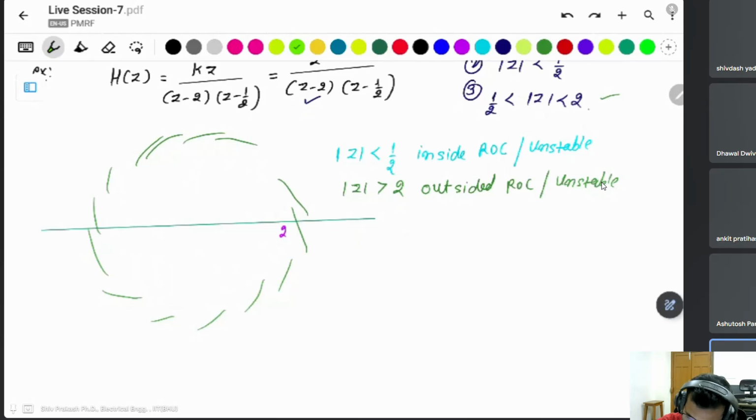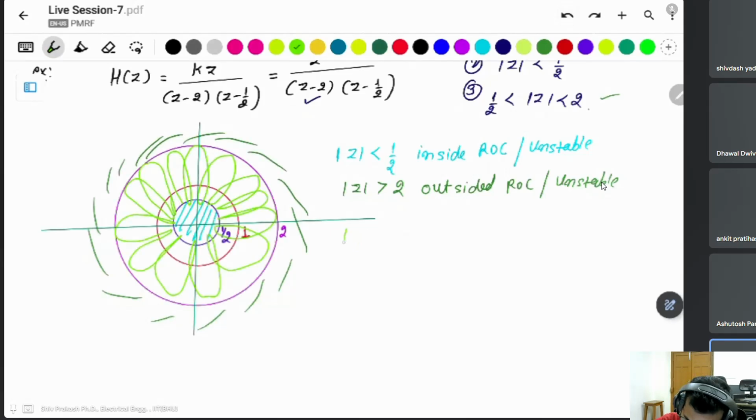Greater than half and less than 2. This system is known as the two-sided ROC, and this is the stable system because the ROC includes the unit radius in the Z plane.